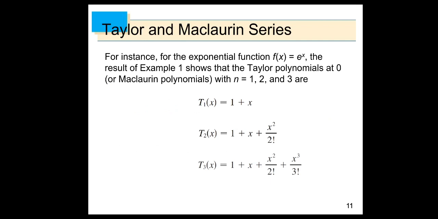Okay, for instance, for the exponential function f of x is equal to e to the power x, the result of example 1 shows that the Taylor polynomials at 0 with n equal to 1, 2, and 3 are t1 of x is equal to 1 plus x, t2 of x is equal to 1 plus x plus x squared divided by 2 factorial, t3 of x is equal to 1 plus x plus x squared by 2 factorial plus x cubed by 3 factorial.